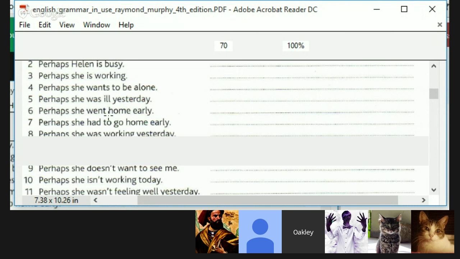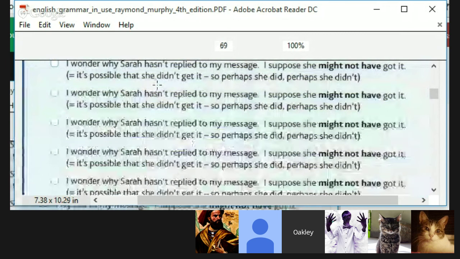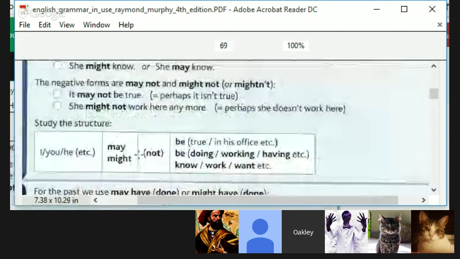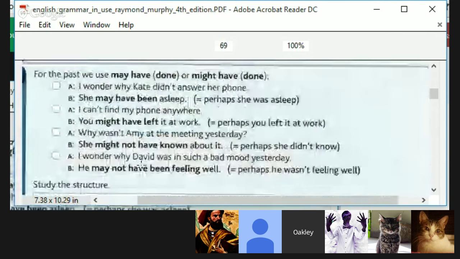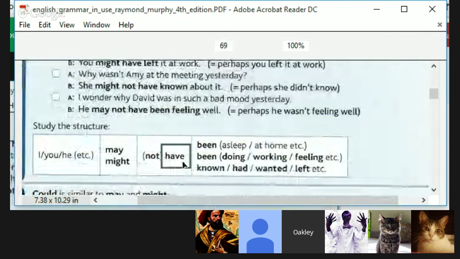Okay. Perhaps she might go home early. Well, it's in the past. See, she went home early, so this has already happened. It's in the past. So we have to use the past tense. "Might went." Okay, we have to use the past tense form. If you remember, the past tense form: might have, and then past participle.